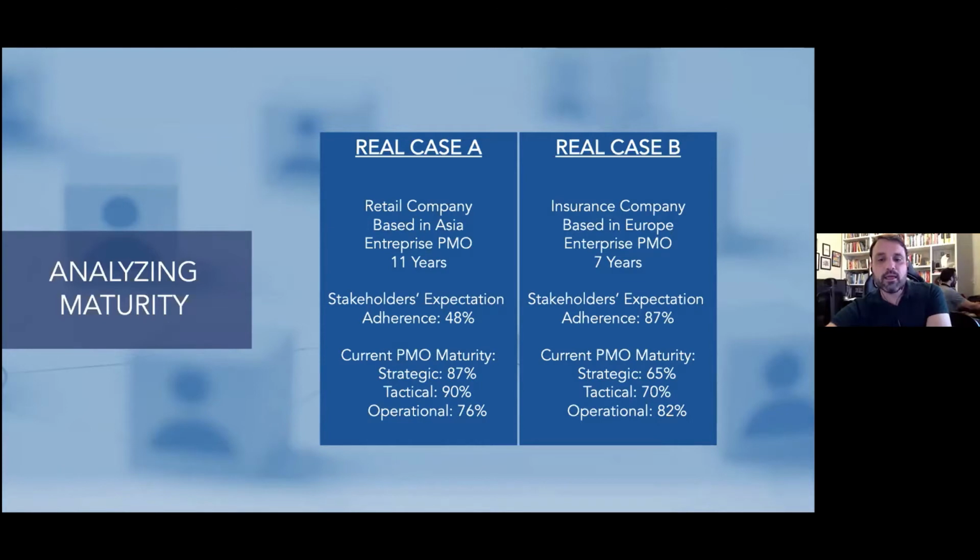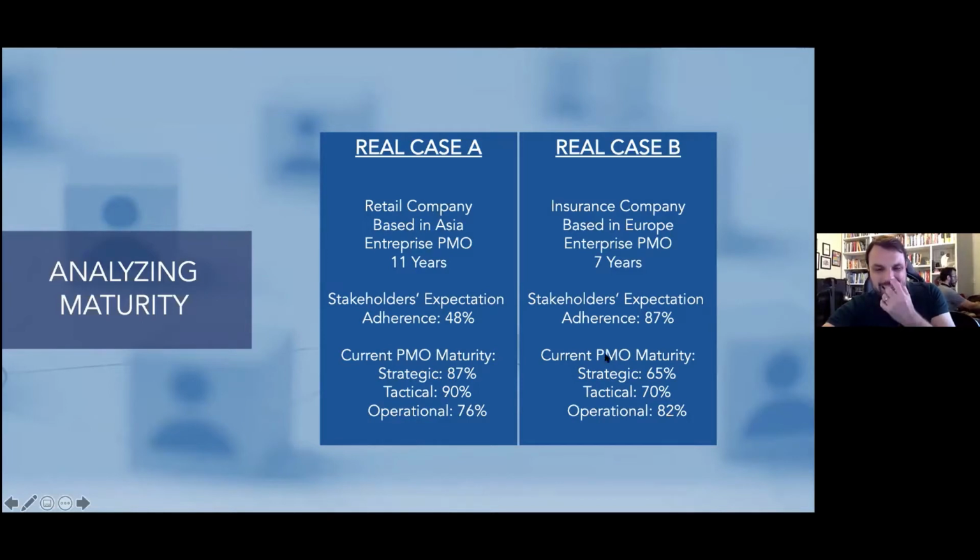And look, first let's see these numbers here at the end. A, current PMO maturity: strategic 87, tactical 90, operational 76. And B, current PMO maturity: strategic 65, tactical 70, operational 82.